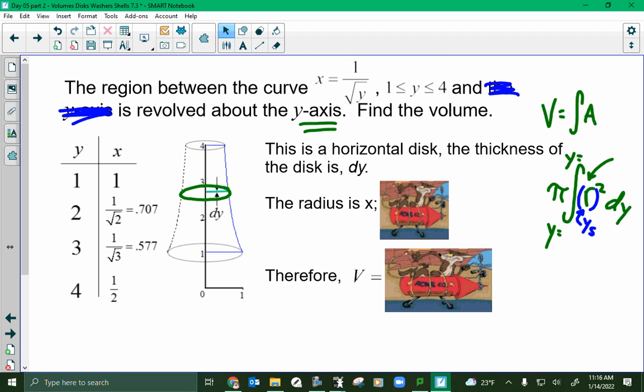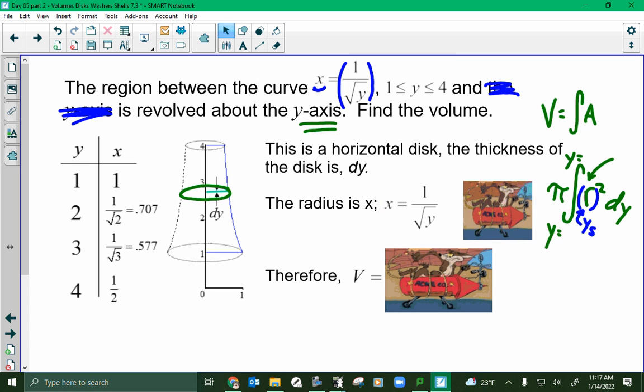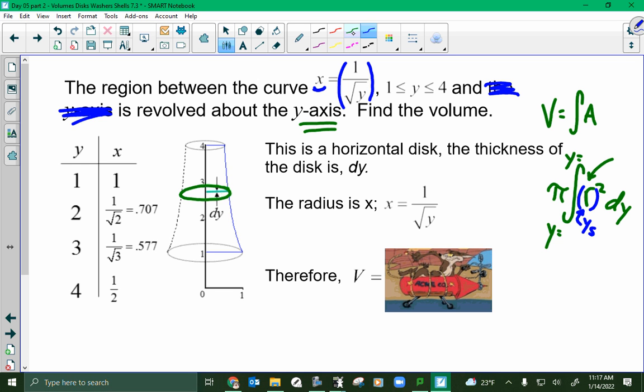So the radius is x. But don't forget, we're not going to integrate x. What is x equal to? This. This is what we need to square. So my x is 1 over the square root of y, and that's going to be my radius.